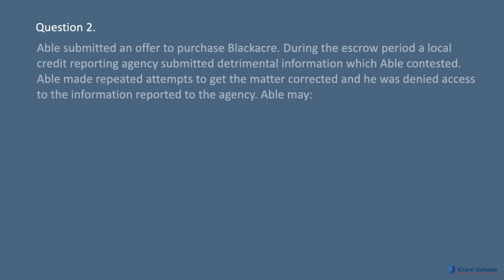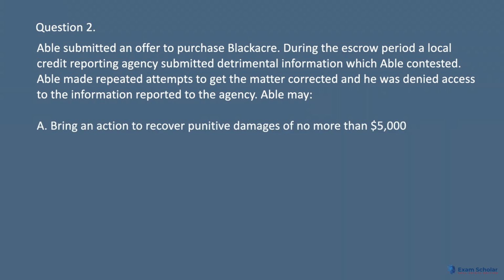Question 2. Able submitted an offer to purchase Blackacre. During the escrow period, a local credit reporting agency submitted detrimental information which Able contested. Able made repeated attempts to get the matter corrected and he was denied access to the information reported to the agency. Able may A. Bring an action to recover punitive damages of no more than $5,000.